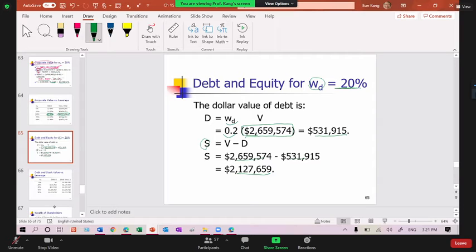Same thing, right? 20% debt, 80% equity. So you can separate the amount of debt and the amount of equity.